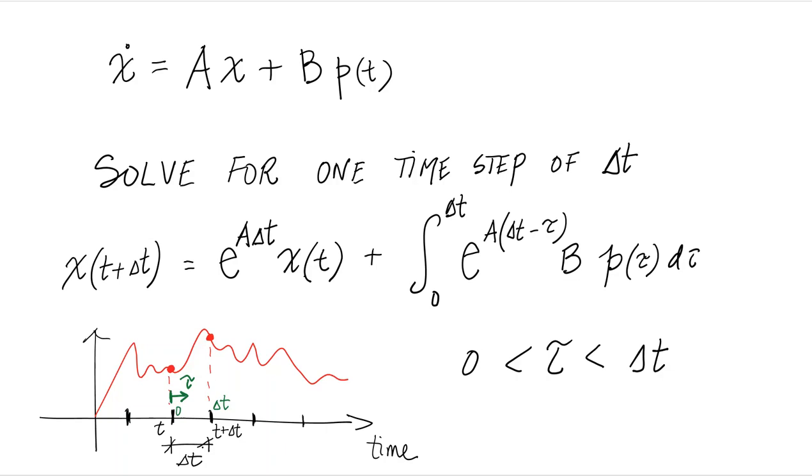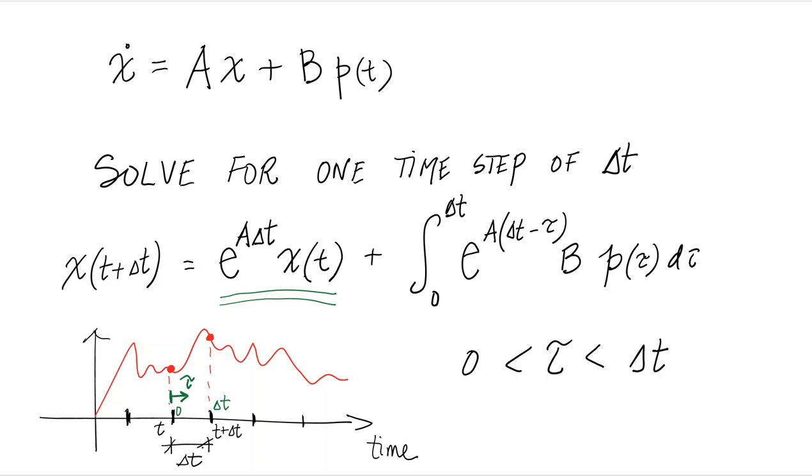So you want to move from t to t plus delta t, so you can think of tau as going from 0 to delta t, just a relative time. And if that's the case, then the first term of the equation is simply e to the A delta t times x of t, because x of t is like at 0, in our new relative time.